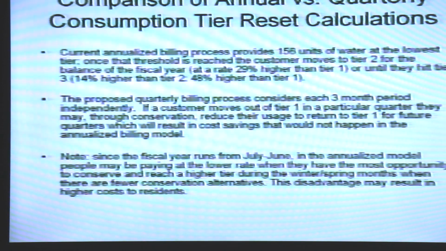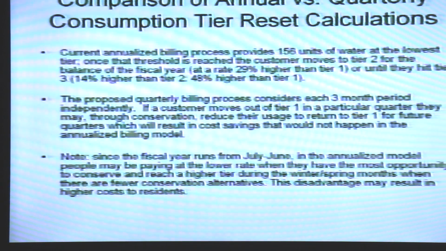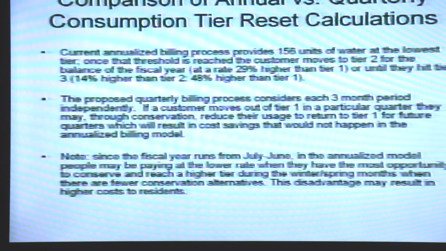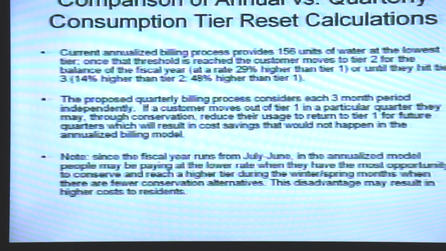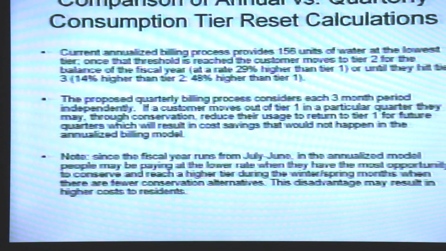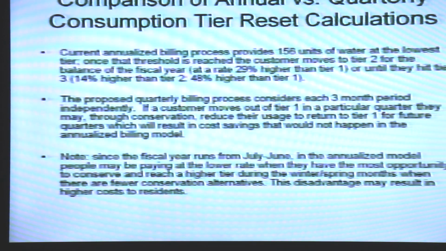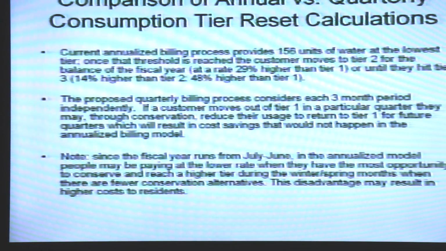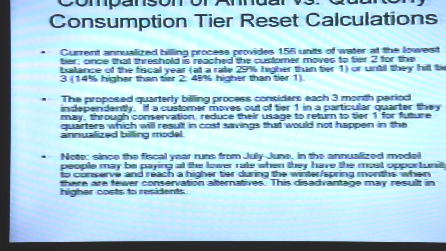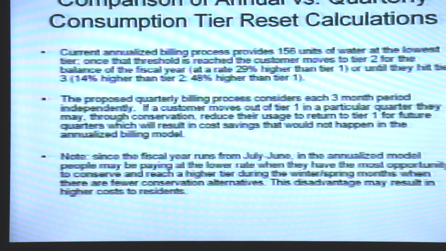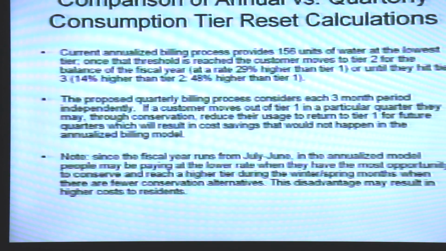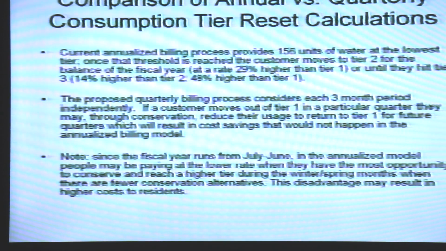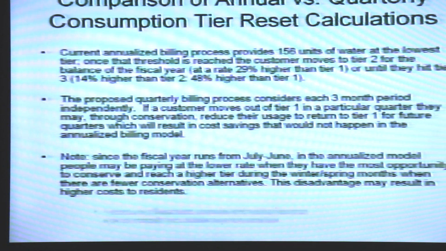Since the fiscal year runs from June to July, when we have an annualized model, people are paying their lower rate at the time they can conserve most, and they slip into the higher tier when there are fewer opportunities to conserve. So in the winter and early spring, when you're not using as much water and there isn't that much opportunity to conserve, you slip into the higher tier. This disadvantage may result in higher costs to residents.